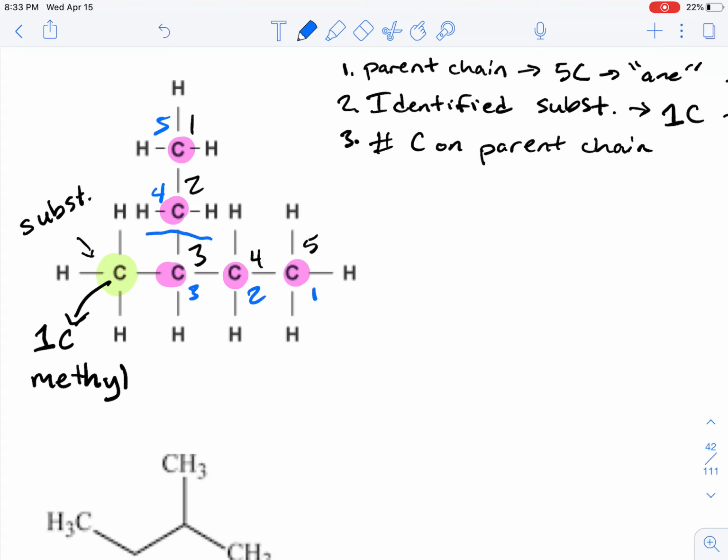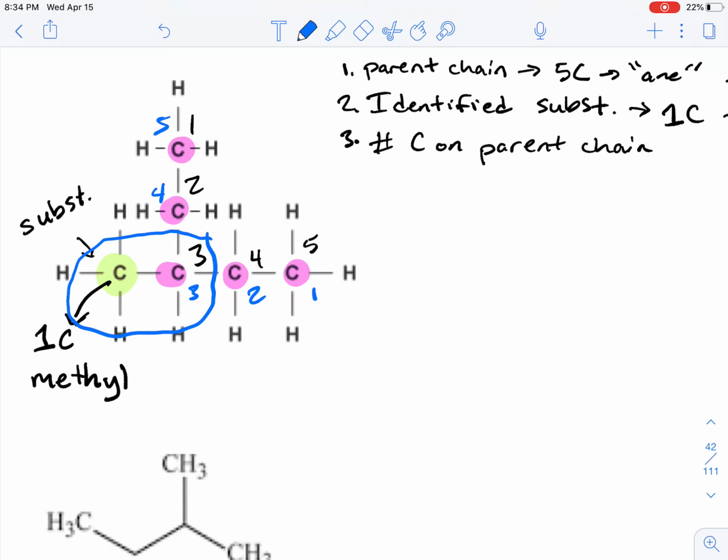And so if you look at the numbers on my substituent, to that of the parent chain, it doesn't matter if I go top and then right, or starting from the right, go to the top. Both ways of numbering in this scenario are going to give me an equivalent value for where that methyl group, that substituent, is found.